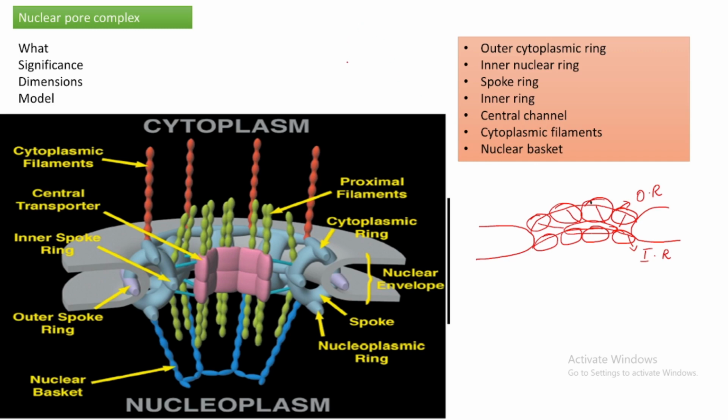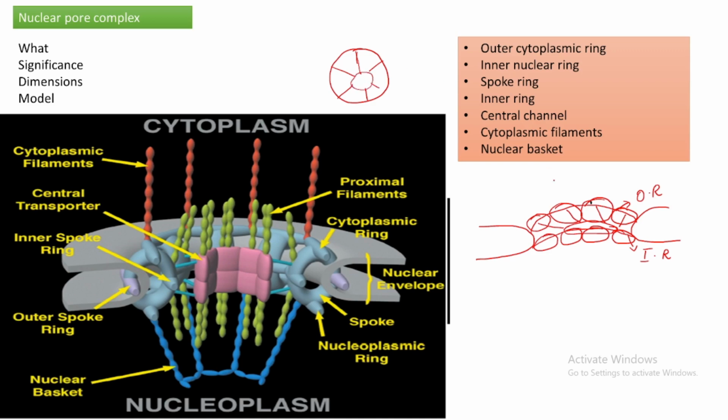Spoke means certain structures. In a steering wheel, we can see spokes. Spokes are radiating structures from the outer circular structure. These emerging radial structures are called spokes, and they come and meet together in the center.